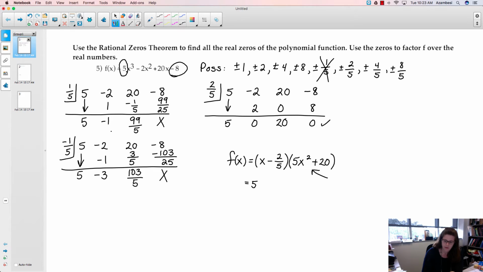So 5 times x minus 2/5 times x squared plus 4. That is a sum of squares, and a difference of squares is factorable, a sum of squares is not. So as far as zeros are concerned, x is equal to 2/5 is my only zero.